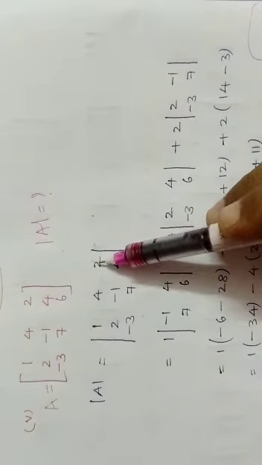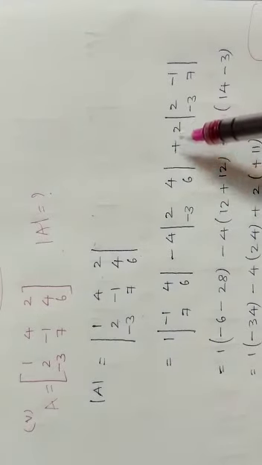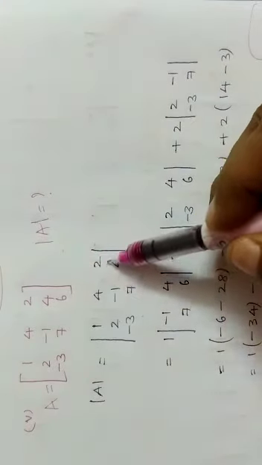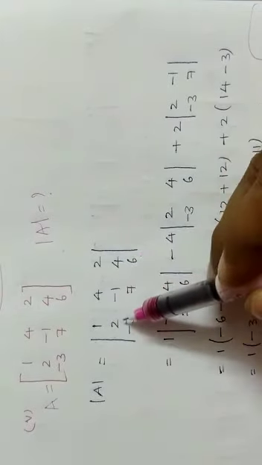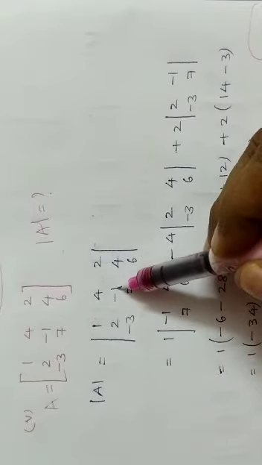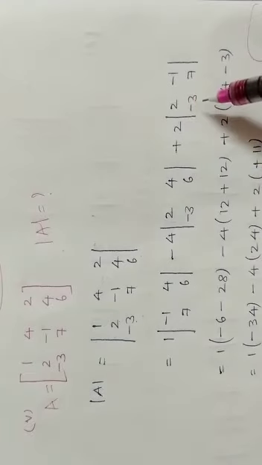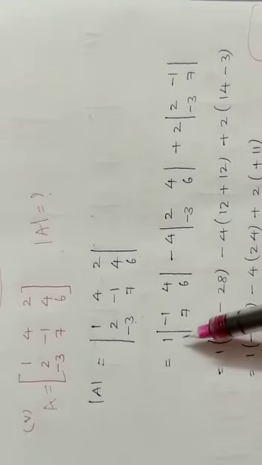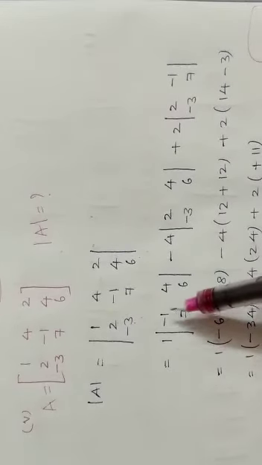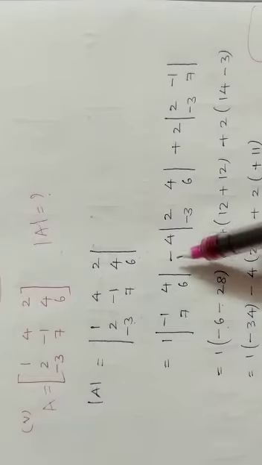For the third element, same sign you have to take, plus 2 into, remove the row and column of that element, 2, minus 1, minus 3, 7. Now 1 into AD minus BC: 1 into 6 minus 6, minus BC, 7 4s are 28.